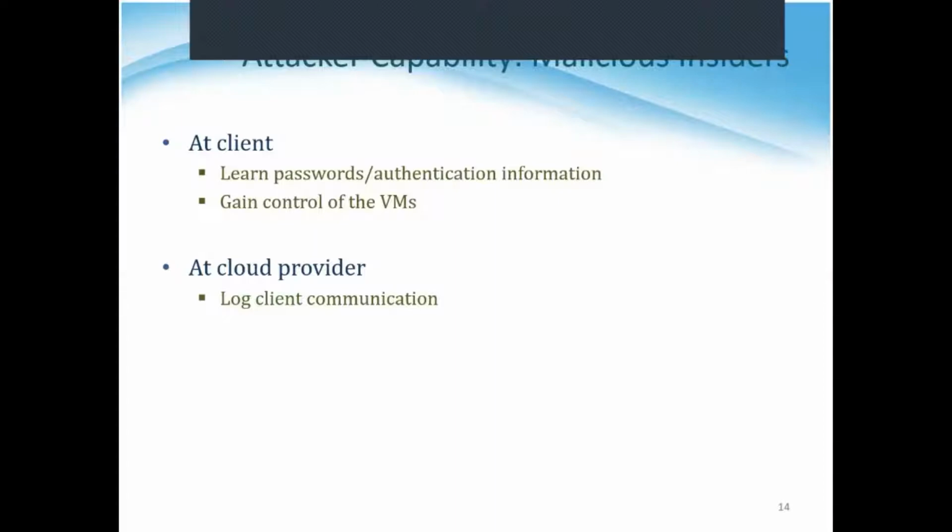Each and every activity performed by you can be easily recorded on the cloud provider side. On the client side, he may know your authentication and password, and on the provider side, he knows everything, each and every activity.